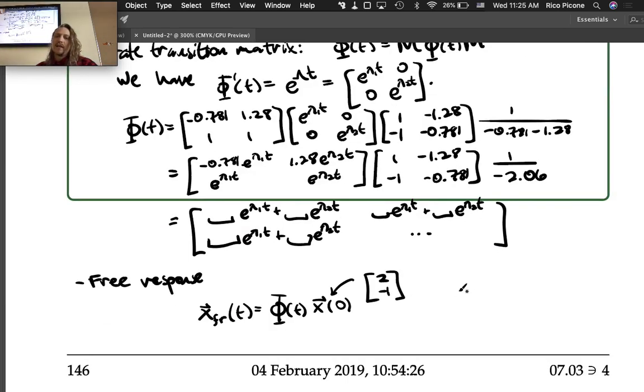So that part's easy. Once you have phi, you pretty much have the free response. You just have to multiply the state transition matrix by a vector, and then you're done. If you wanted the total response, including the forced response, if you had some input, you'd have to do some integration. But if you just want the free response, the state transition matrix is practically the whole solution.